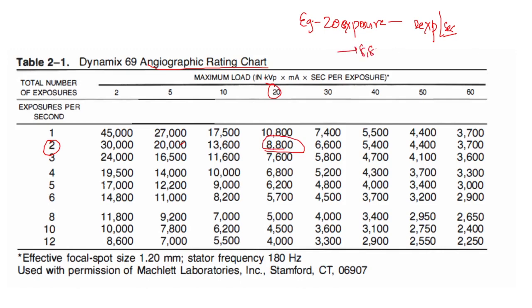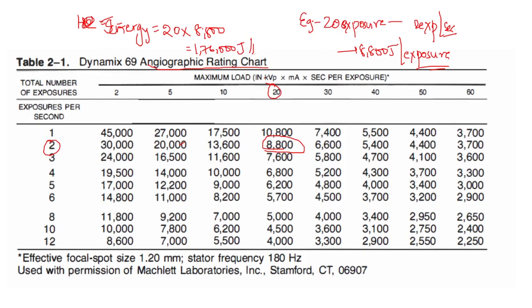So the total amount of energy generated is equal to 20 exposures, each generating 8,800. That means 1,76,000 joules of energy is generated in the whole system.